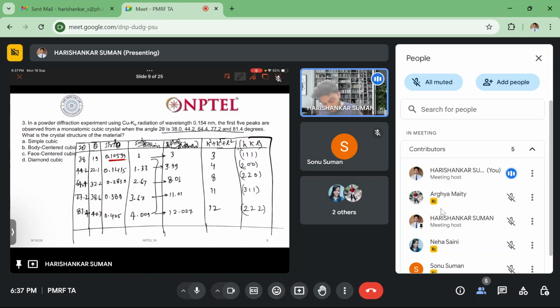So these are the planes, corresponding to HKL squared 3, 4, 8, 11, 12. This will be FCC, face centered.